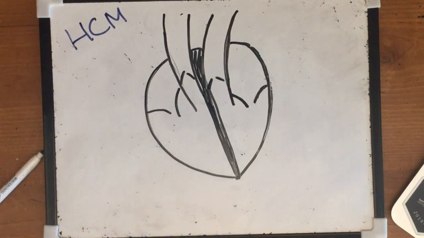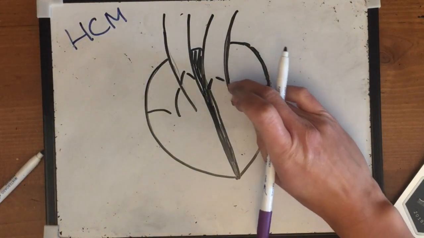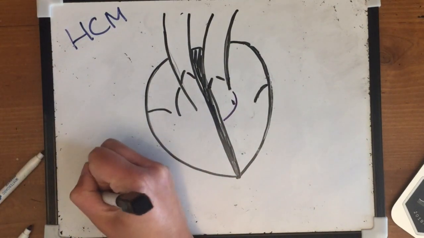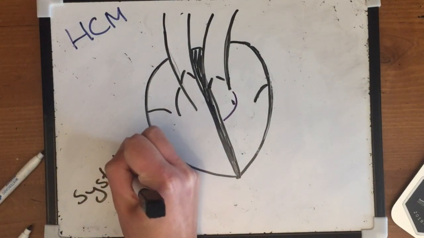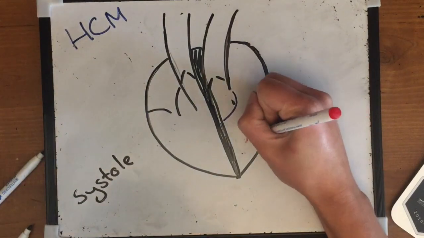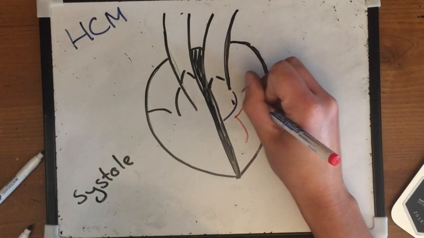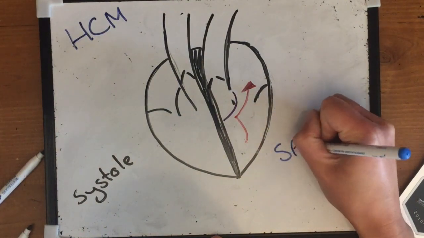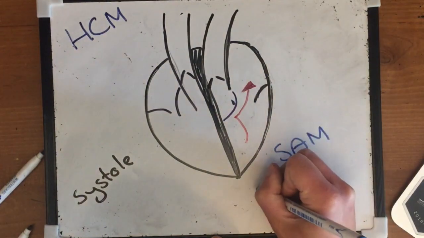Cats with HCM can also get abnormal movement of the mitral valve during systole. It moves towards the interventricular septum, causing obstruction to blood flow out of the heart, and allows blood to regurgitate back into the atrium. This is called systolic anterior motion of the mitral valve, or SAM for short.